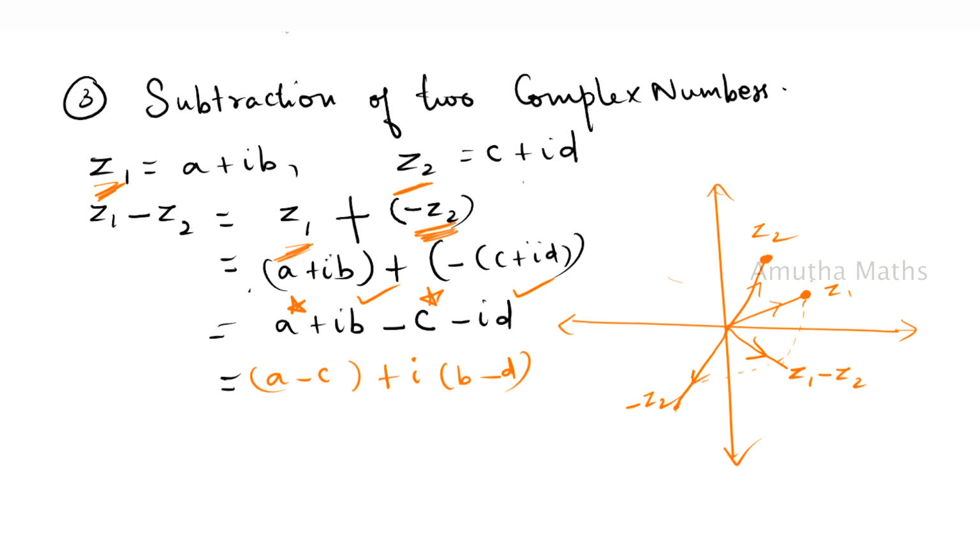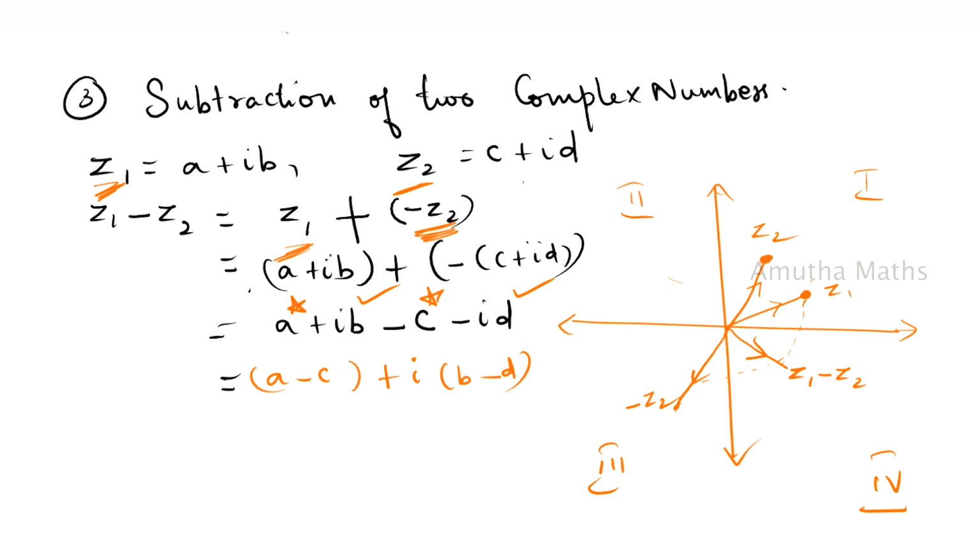இது இப்போ this is first quadrant and this is second quadrant and this is third quadrant and this is fourth quadrant. எல்லாம் முதல் கால் பகுதி, இரண்டாவது கால் பகுதி, மூணாவது கால் பகுதி, நாலாவது. இப்போ first quadrantல Z2 இருந்ததுன்னா minus Z2 அப்படியே third quadrantல இருக்கும். Suppose third quadrantல Z2 இருந்ததுன்னா, அதோட negative fourth quadrantல, நேரா oppositeல இருக்கும்.